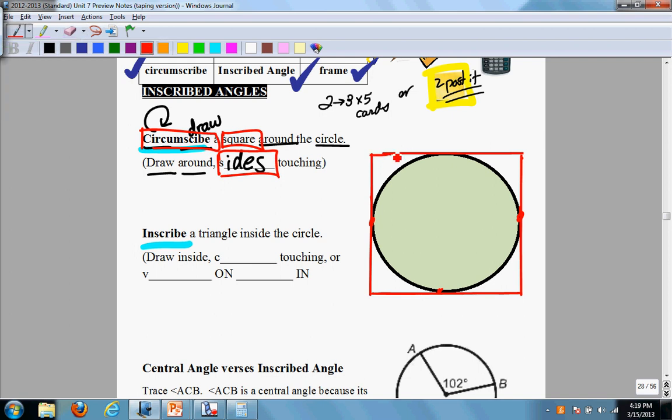Okay, so the square is circumscribed around the circle. That means to draw around.